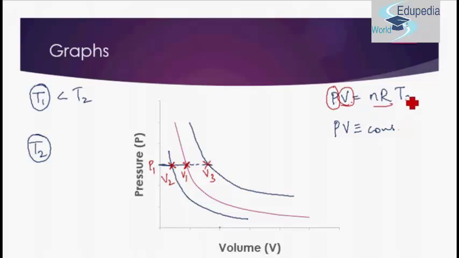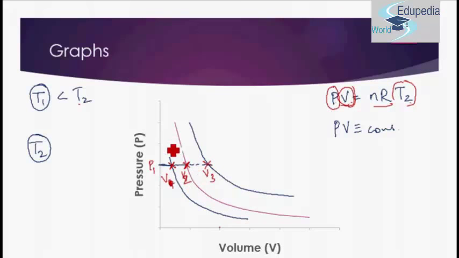That means greater the temperature, greater will be volume. That means if T2 is greater than T1, then V2 will have to be greater than V1. So let's number them like this: V1, V2 and V3. So V2 will also be greater than V1.